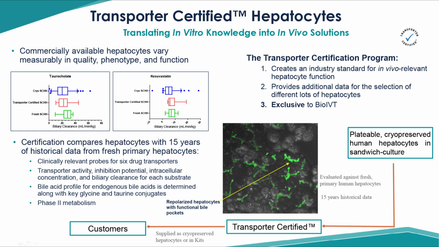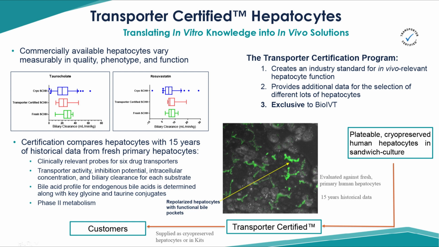And so we developed a program that certified these hepatocytes for transporter function, and we used clinically relevant probes that covered 6 different transporters on the uptake side and on the canalicular biliary excretion side, and looked at those and measured activity, inhibition potential, intracellular concentration of these probes, all trying to get those to be in vivo relevant.